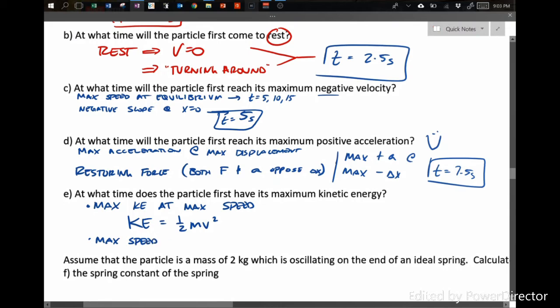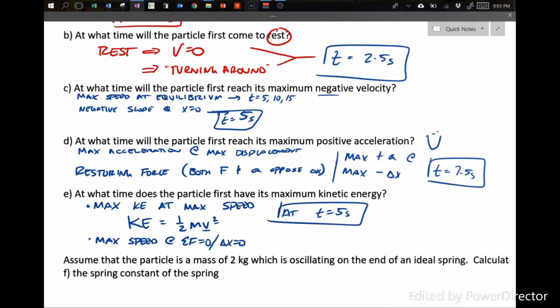We get our maximum speed at the equilibrium position where delta x is equal to 0. And because kinetic energy only depends on speed, direction is not important. It's going to happen as soon as we cross the axis again at equilibrium at time equals 5 seconds. That's the first place we have our maximum speed. That's going to be the first place that we have our maximum kinetic energy.